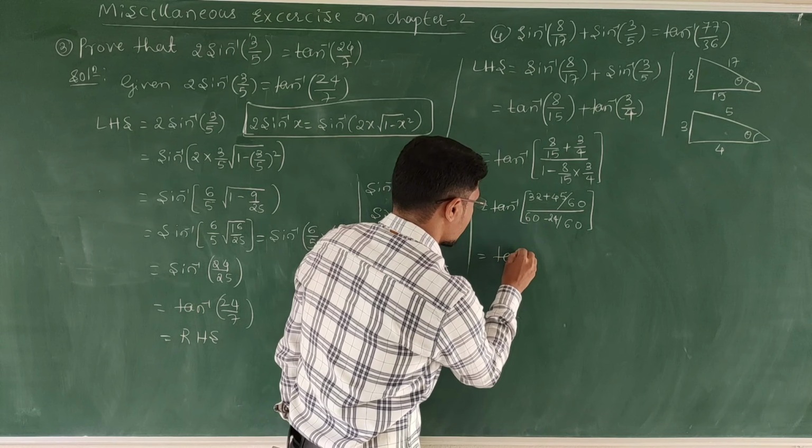Okay, so this is 48, 5 into 13, 65. Okay, 65 minus square root of 1 minus 4 square is 16 divided by 25 into square root of 1 minus 12 square is 144, 13 square is 169. Okay, close the bracket, is equal to the cos inverse 48 divided by 65 minus square root of 25 minus 16, that is 9 divided by 25 into square root of 169 minus 144.